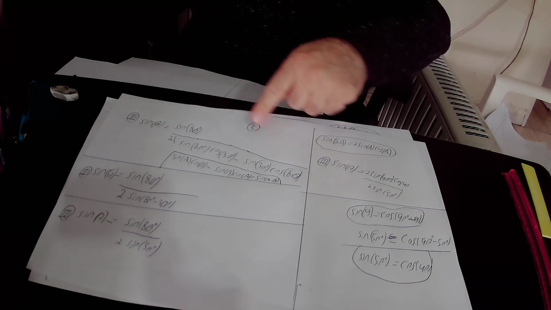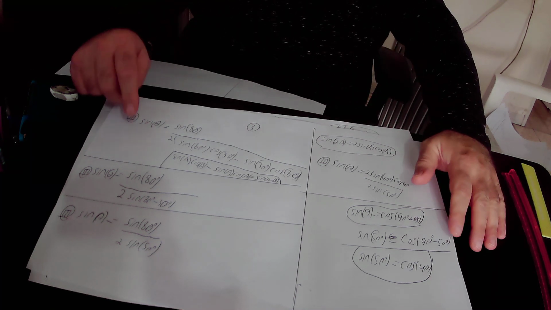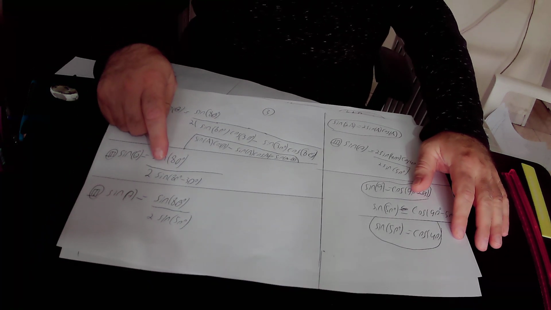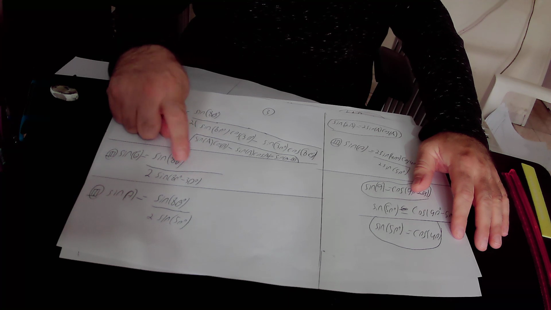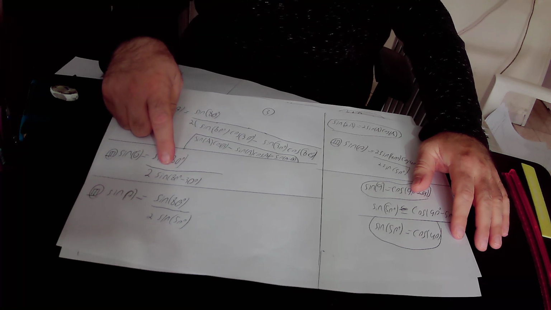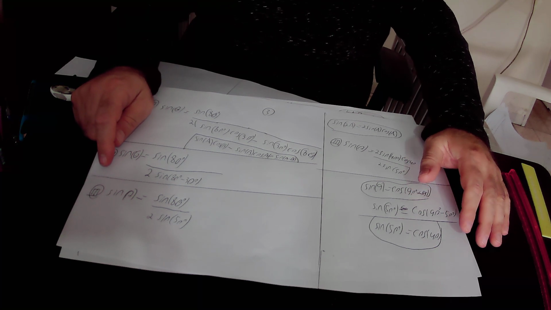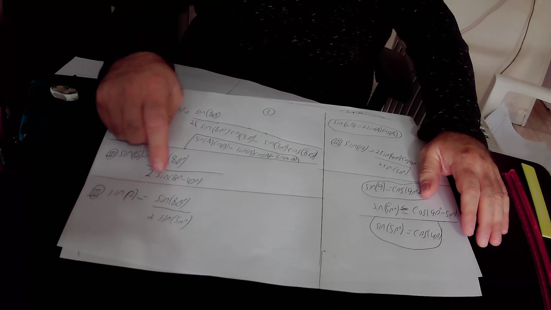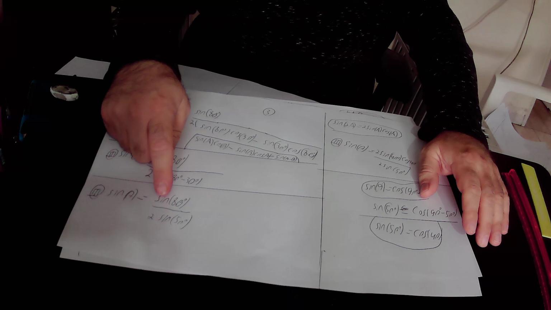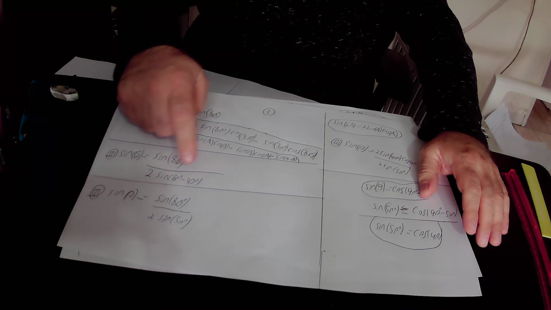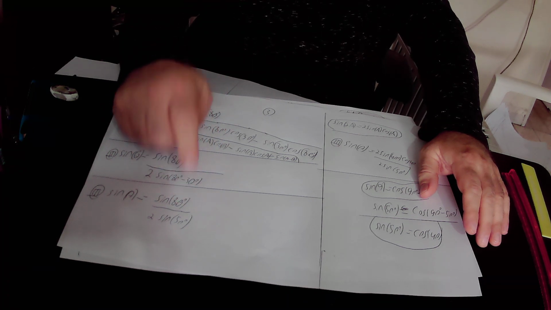So we got that sine theta equals sine 80 degrees over 2 sine 80 degrees minus 30 degrees. 80 degrees minus 30 degrees is 50 degrees, so in conclusion, according to equation number 3, sine theta equals sine 80 degrees over 2 sine 50 degrees.